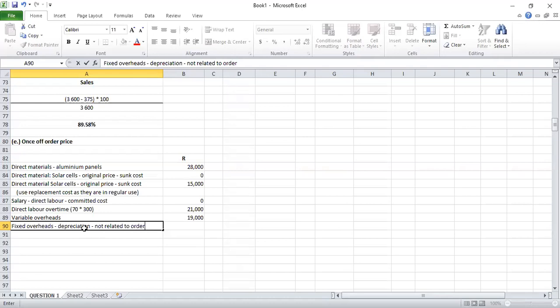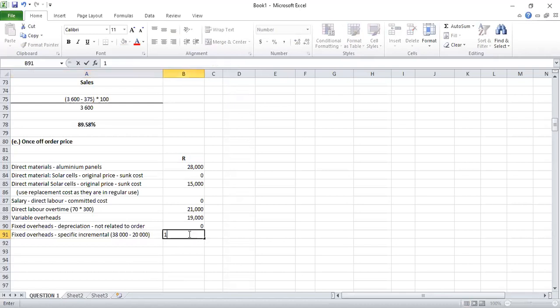So it's not coming as a result of the order. Then fixed overheads, the specific or incremental, we include them, which is the 38,000 minus the ones for the depreciation, which is 20,000. That's 18,000.